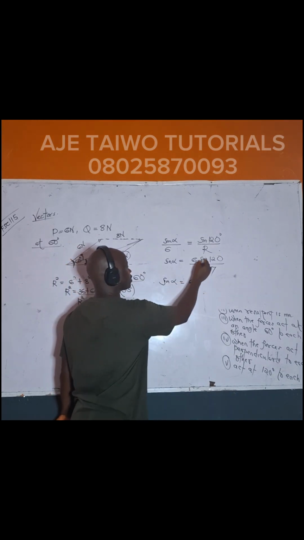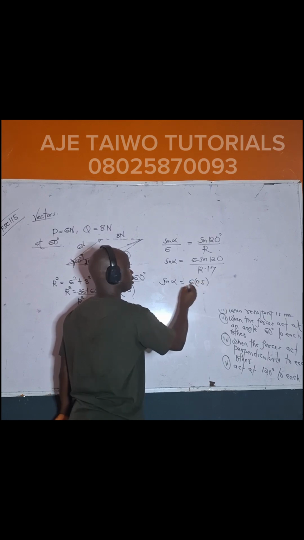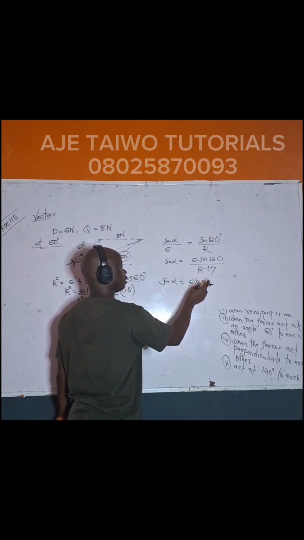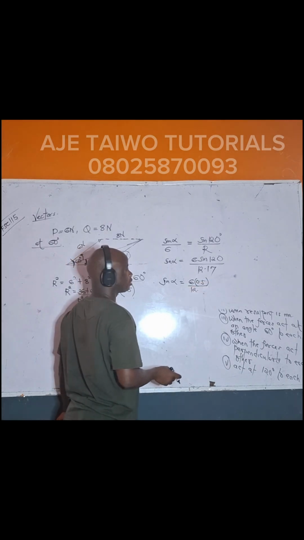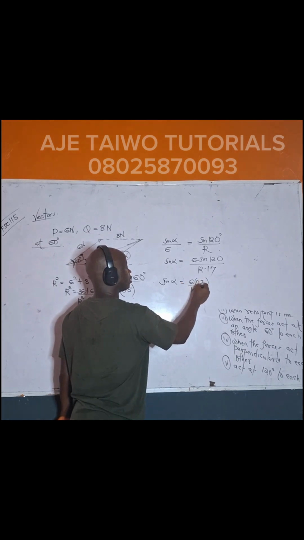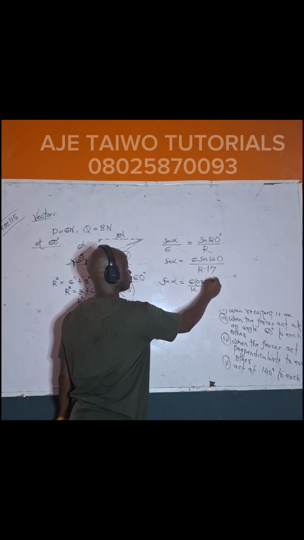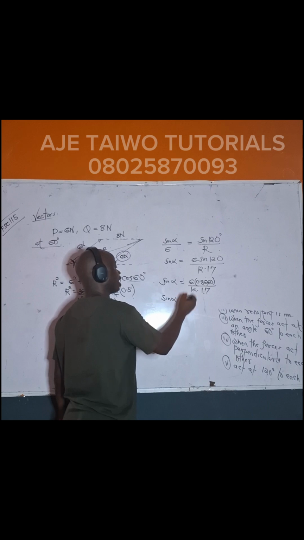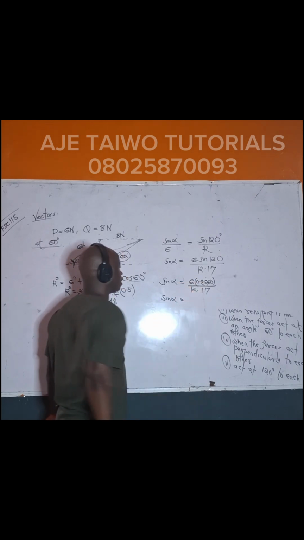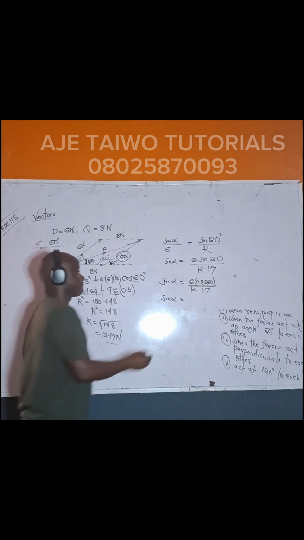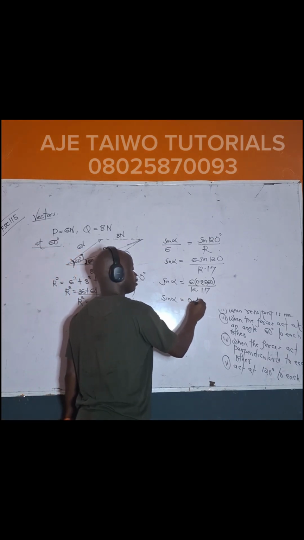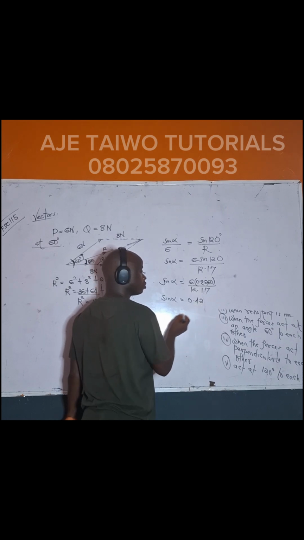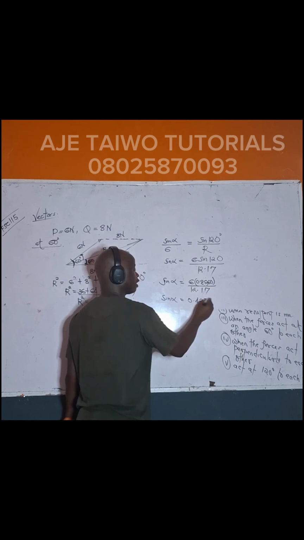What's sine 120? 0.8660. Thank you. Over 12.17. So sine alpha equals this times this over this. What's the answer? 0.427.